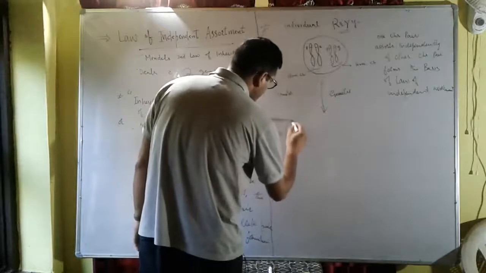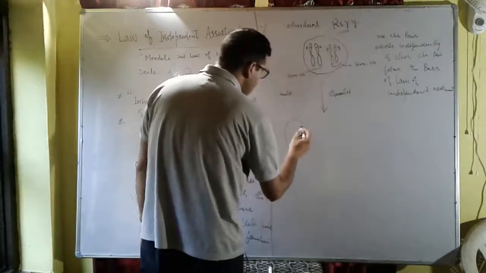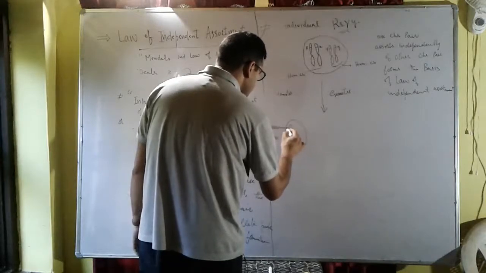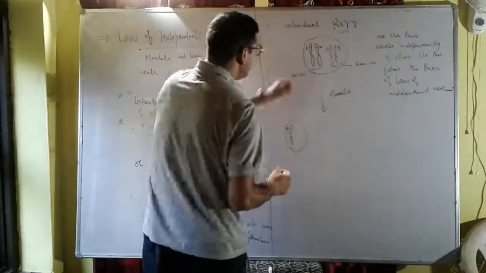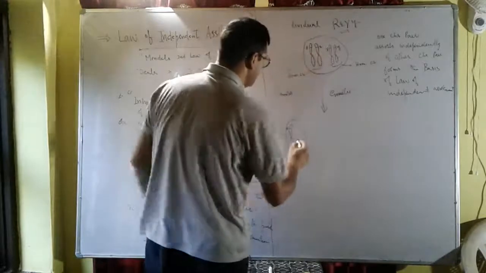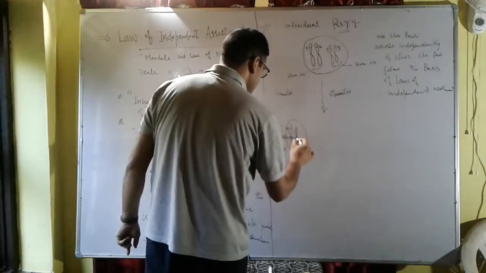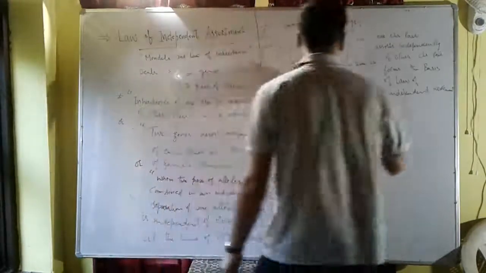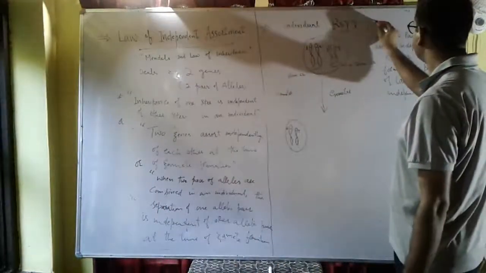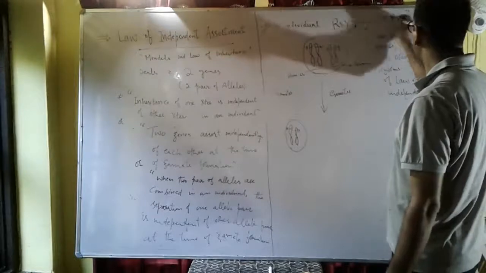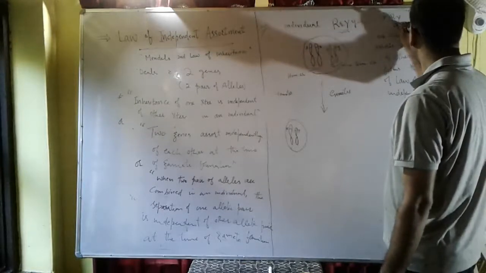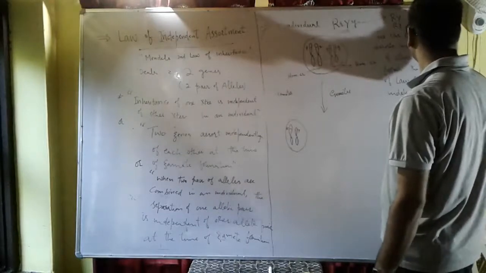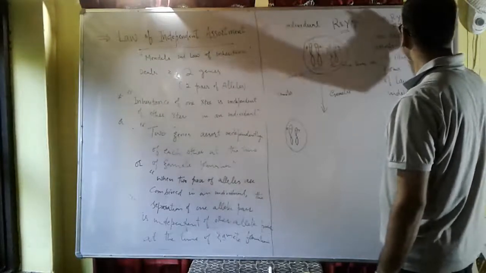So we have gametes like this: capital R and capital Y, capital R, small y, small r, capital Y, small r, small y. So these are gametes.